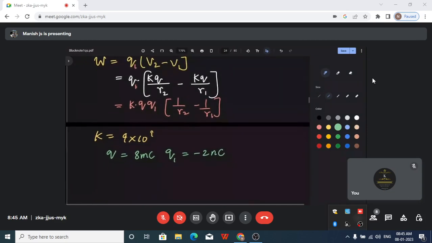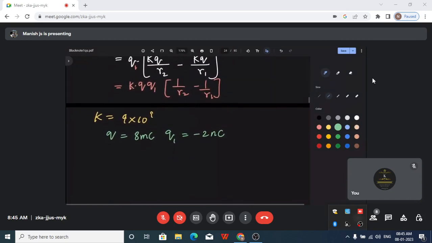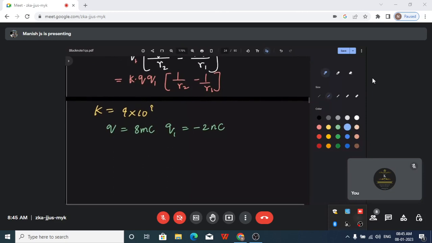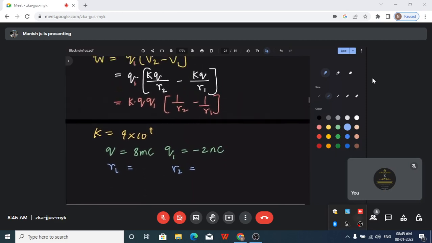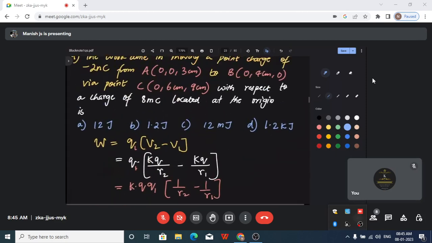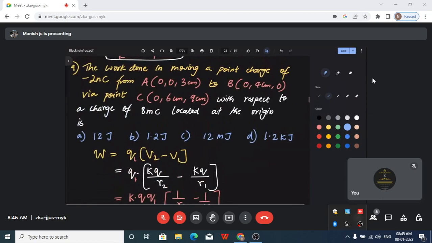அவ்வளவுதான். Substitute பண்ணுங்க and calculate what is the work done. And what is R1, R2? That also need to be expressed. R1 and R2 வந்து நீங்க அந்த coordinates ல இருந்து you can get the values.